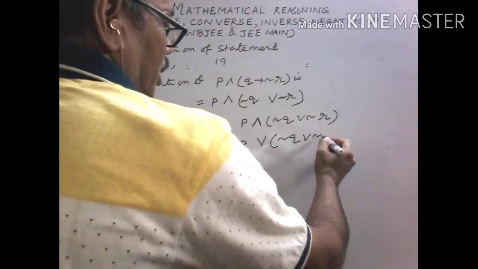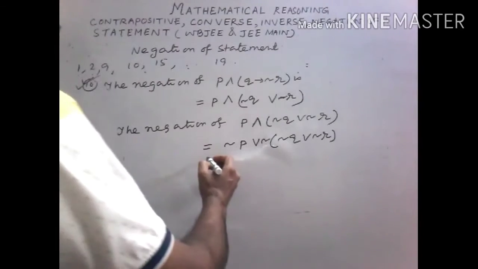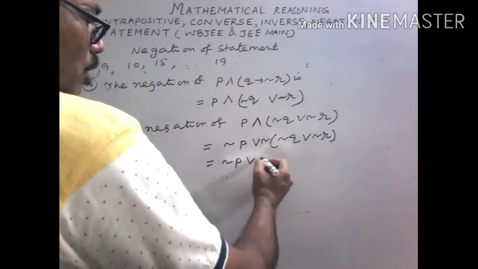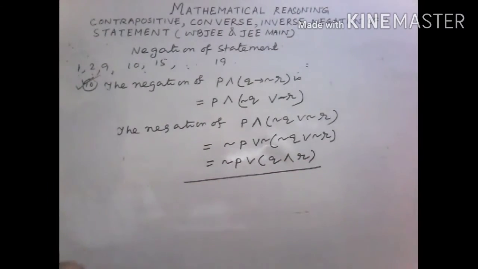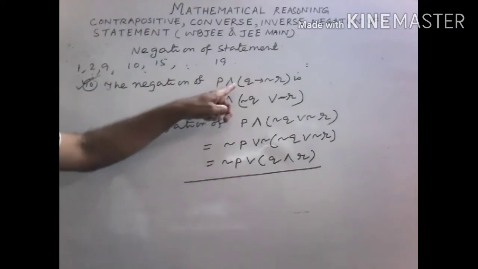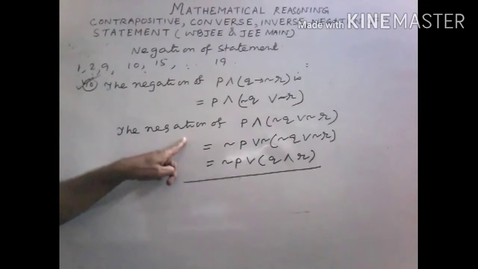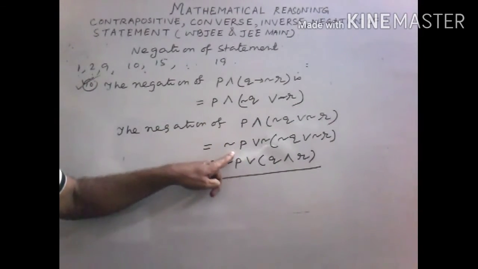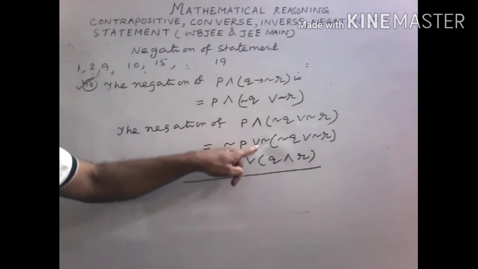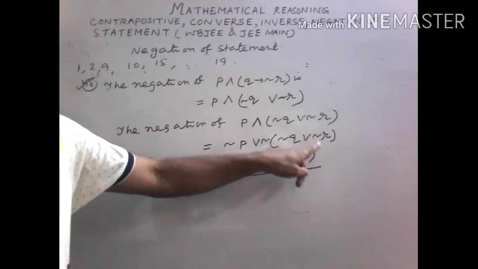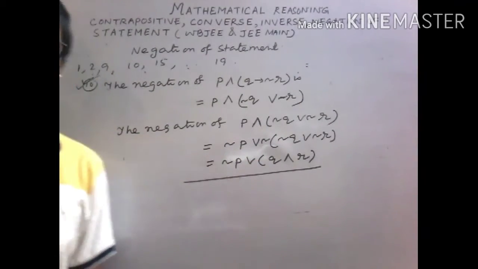And negation of negation Q union negation R is the total negation. Now again using the distributive law. So this is Q intersection R. So look again, negation of P, this. So this is negation Q union of this. Now negation P, union is replaced by intersection and intersection is replaced by union, that is disjunction. Now from De Morgan's law, the complement of complement is Q, and union is intersection.